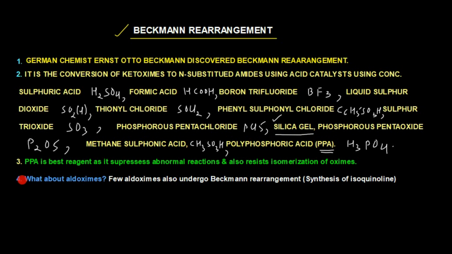Then point 4 says, what about the aldoximes? Since I have written here that ketoximes can be converted into N-substituted amides in the Beckmann rearrangement using an acid catalyst, what about aldoximes? Can these aldoximes also give the Beckmann rearrangement or not? A few aldoximes also undergo the Beckmann rearrangement, and a very important application where we convert aldoximes into substituted amides is the synthesis of isoquinolone, where cyclization would occur.